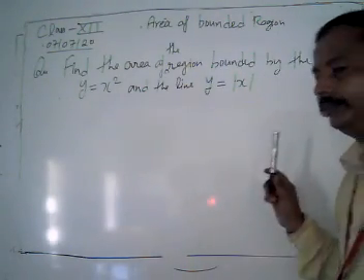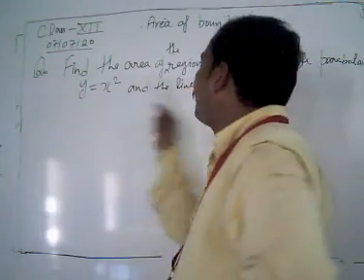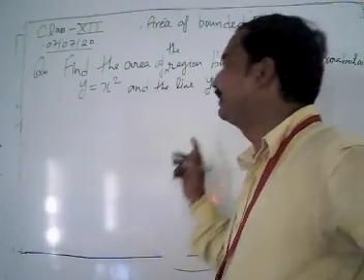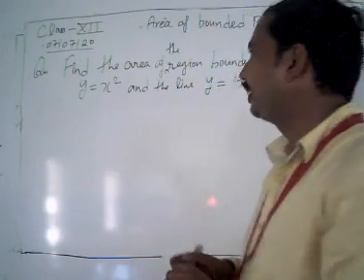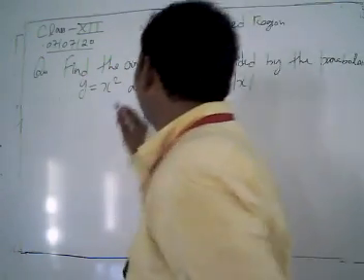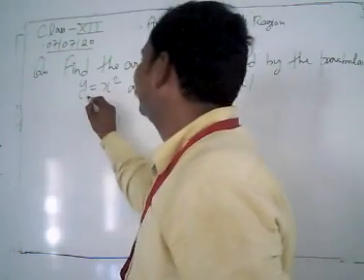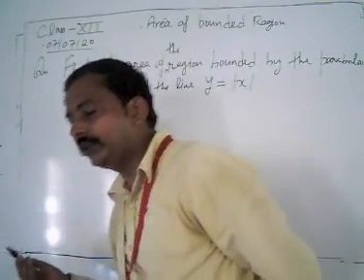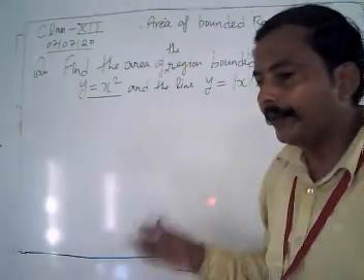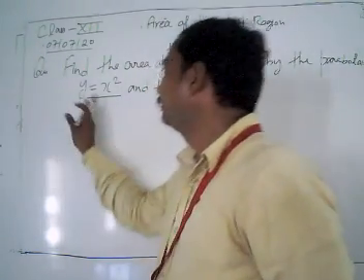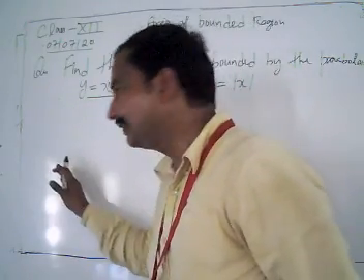Now what do we do? First of all, we have to sketch the graph. First, we have the parabola y equal to x square. This is the equation of a parabola, an upward-opening parabola. It is symmetric about which axis? Symmetric about the y axis.